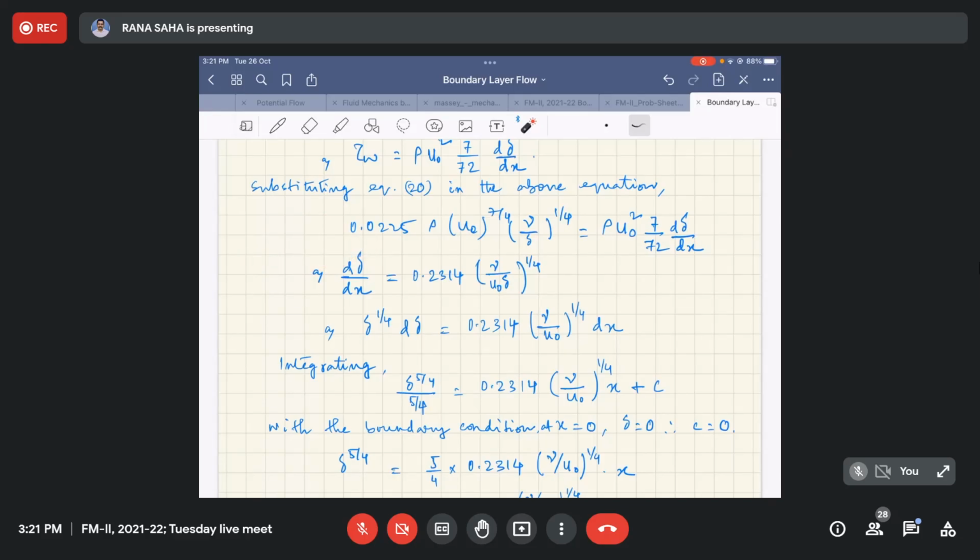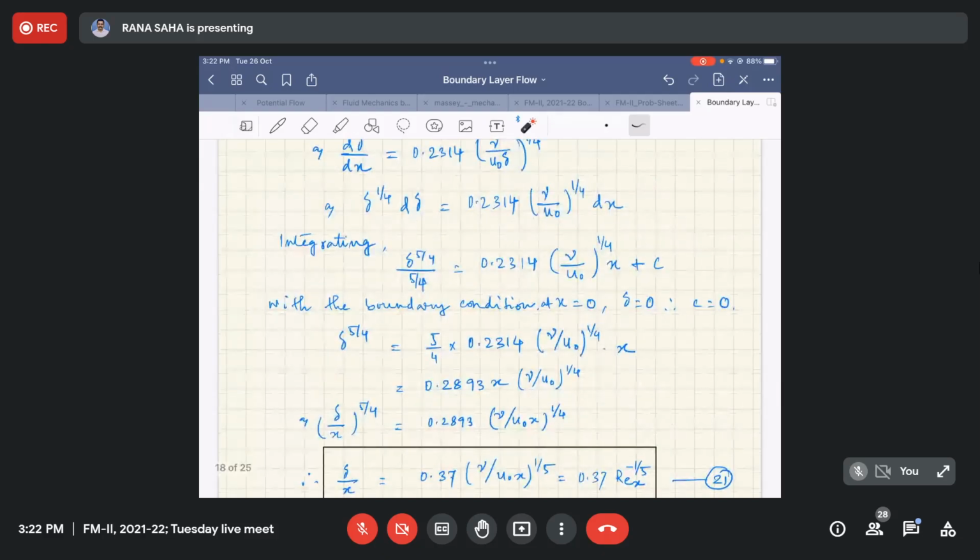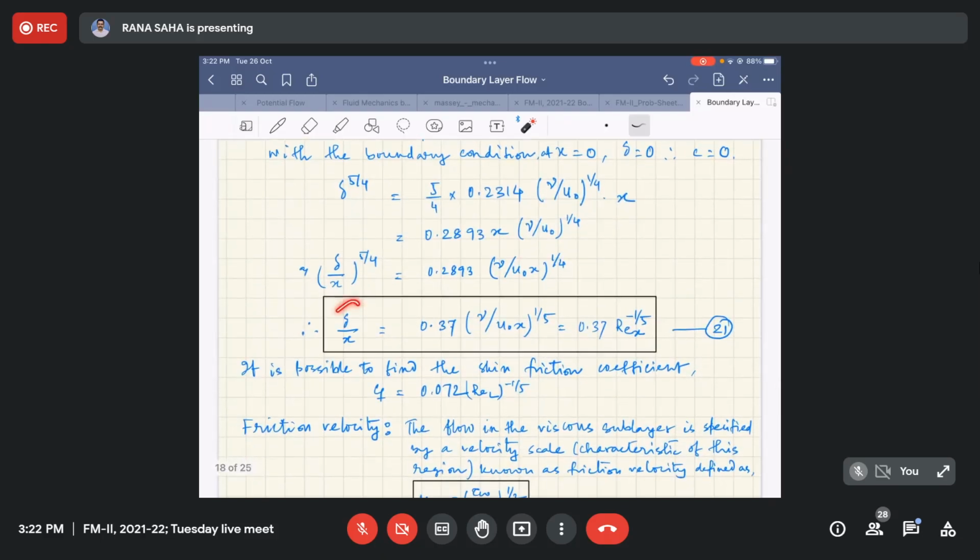Right, so now we are having an equation where d delta dx is equal to 0.2314 times nu over U naught delta, so another delta is there, which again by rearranging, ultimately you get this final form of delta as a function of x, as you have done for linear profile or quadratic profile in the previous two cases.